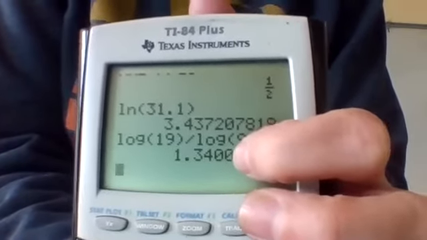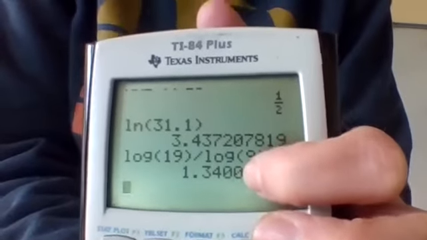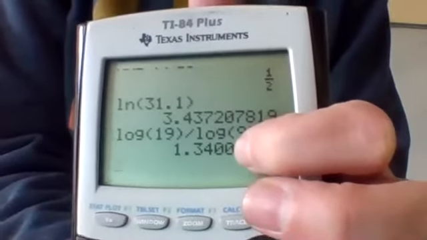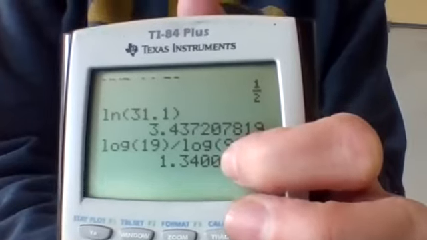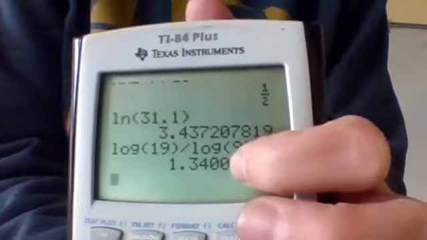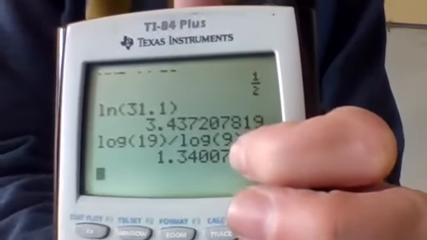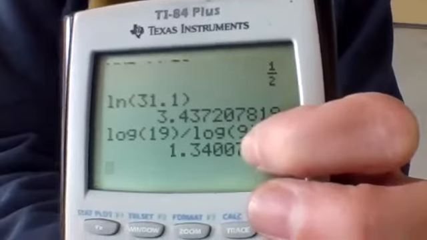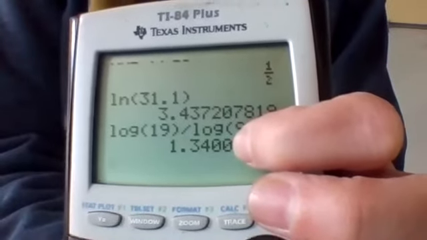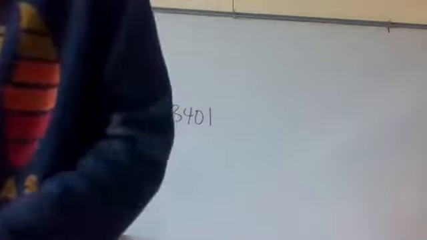Now you have to decide, depending on what's after that 4th spot, whether you need to round it up or not. If the number after that 4th spot is 5 or bigger, you're going to have to round that 0 up to a 1. So since it's a 7, that tells me I need to round that second 0 up to a 1. Oh. That makes sense?